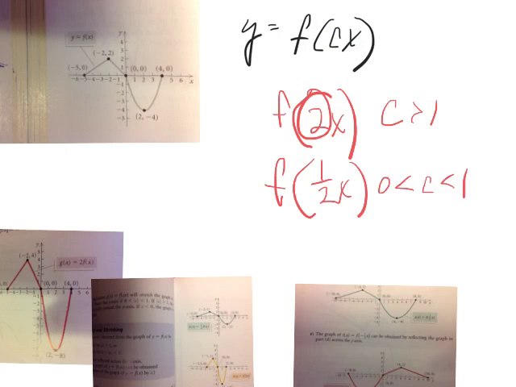And if that c is less than 0, like say a -2, it's reflected across the y-axis. So it's not only going to shrink horizontally, but because of that negative, it's going to reflect across the y-axis there. Okay, so let's look at example 6 and see what we can learn from all of this.